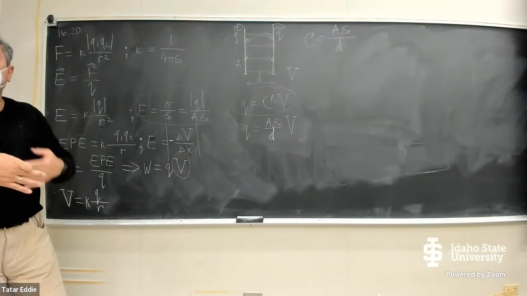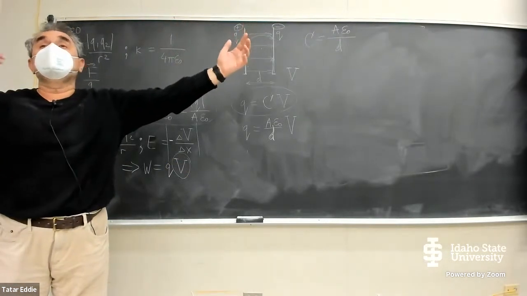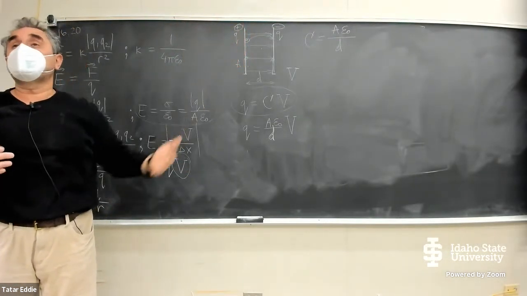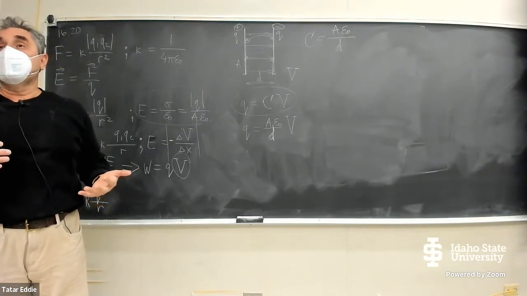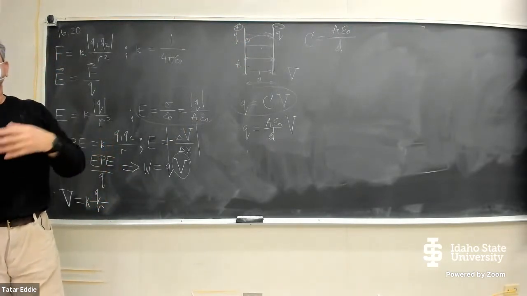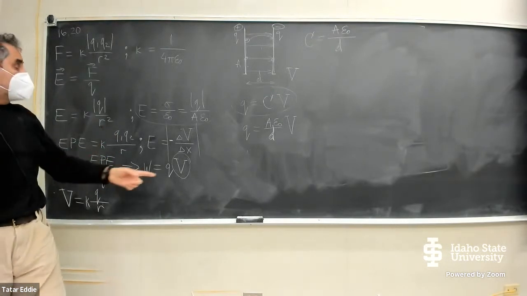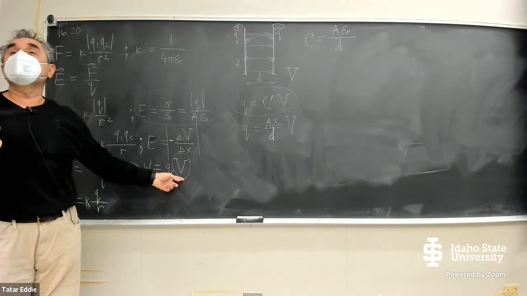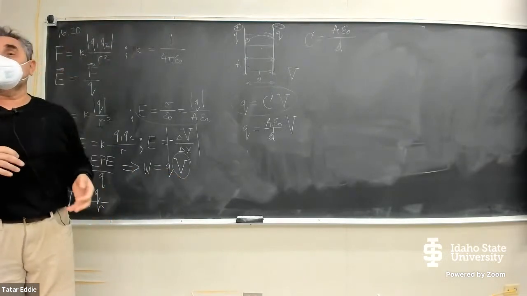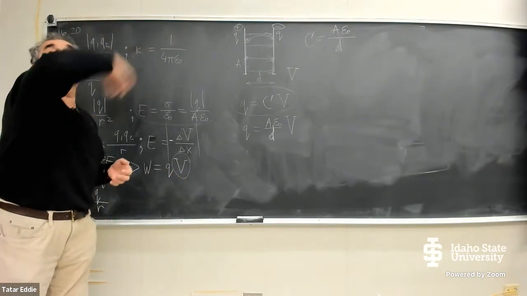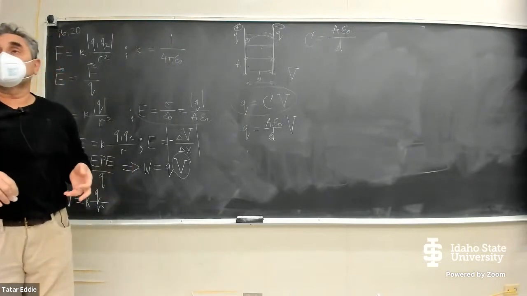You started from 0, you ended with a certain value V, 10 volts or whatever. And the answer, you can demonstrate using a little bit of calculus, is that you have to take the average between 0 voltage and the final voltage that you reach after you move multiple electrons.